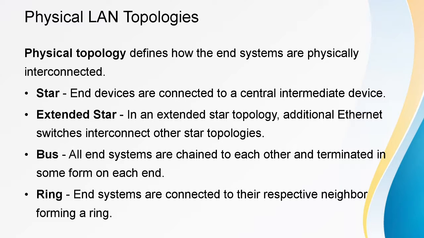Extended star. In an extended star topology, additional Ethernet switches interconnect other star topologies. Bus. All end systems are chained to each other and terminated in some form at each end. Ring. End systems are connected to their respective neighbor, forming a ring.